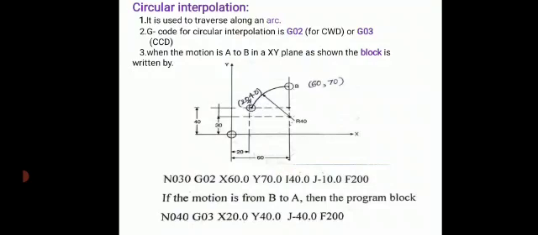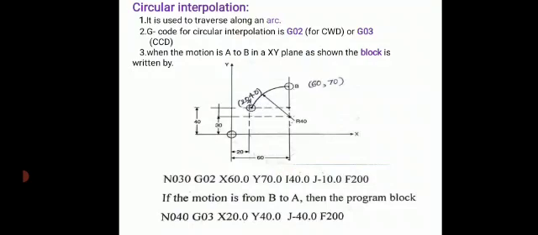Then circular interpolation. It is used to traverse along an arc. The G code for circular interpolation is G02 for clockwise or G03 for counterclockwise. When the motion is A to B in the XY plane as shown in the figure, the block is N030, G02, X60 and Y70, I40, J10, F200, feed rate 200.